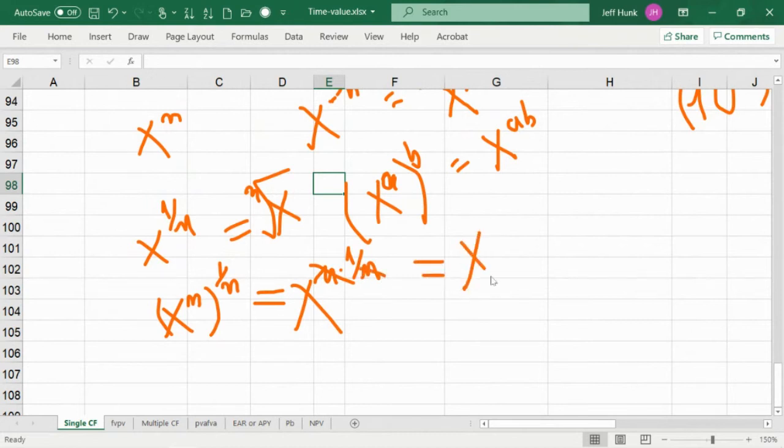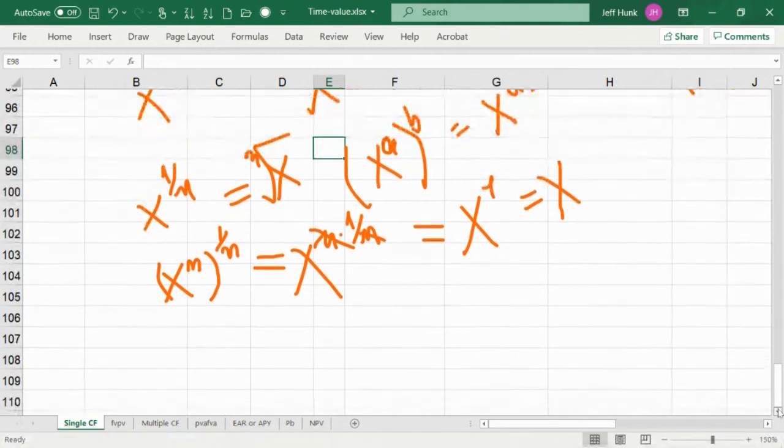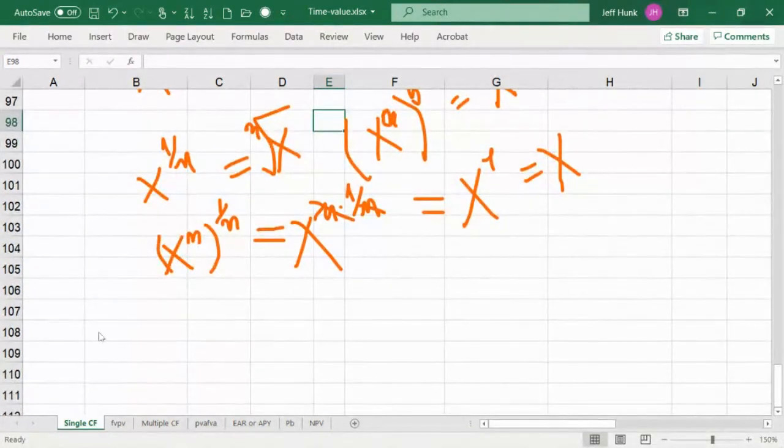Therefore, it becomes x to the 1, which is x. Okay?